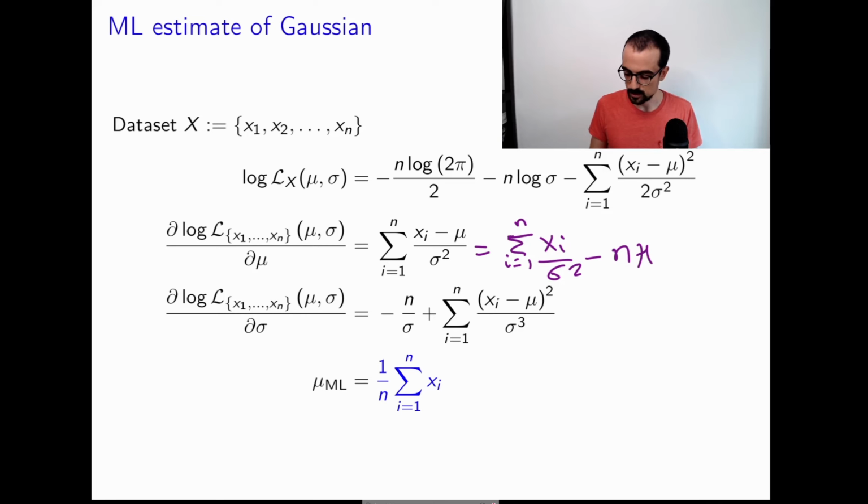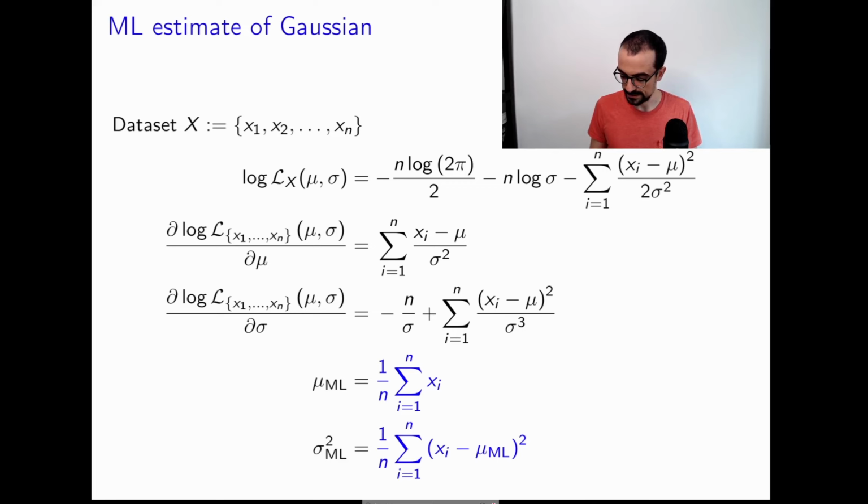Now we're going to take that mu, plug it in and set this to 0. Once we have plugged in this value for mu, what we get is the sum of xi minus mu ML, squared, divided by n. We will see that's the square, and the value of sigma is the square root of this.